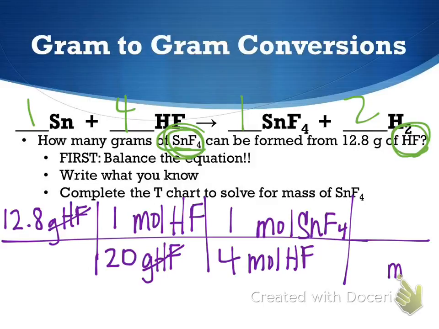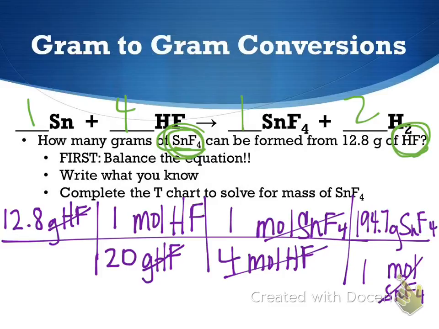Okay, and then we want to go moles of tin fluoride to grams. What's our molar mass then of tin fluoride? 194.7, and moles gets the 1. Okay, so now I'm done with moles of that. Left in grams of tin fluoride, which is what I want.